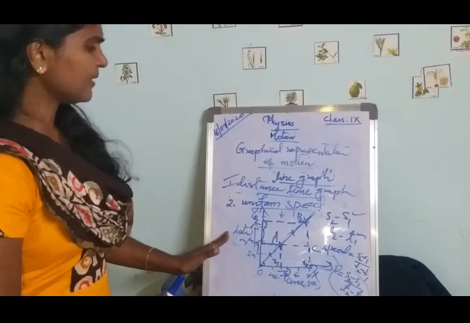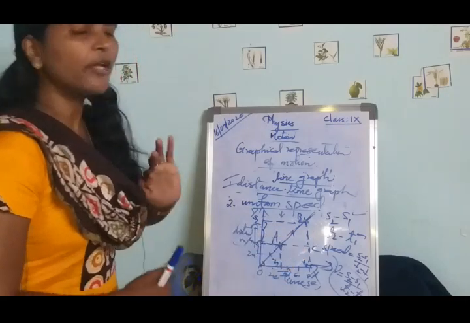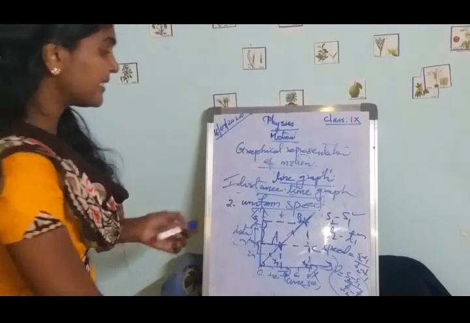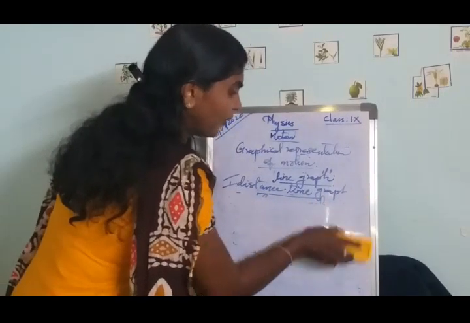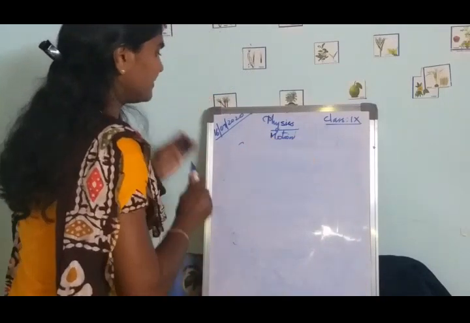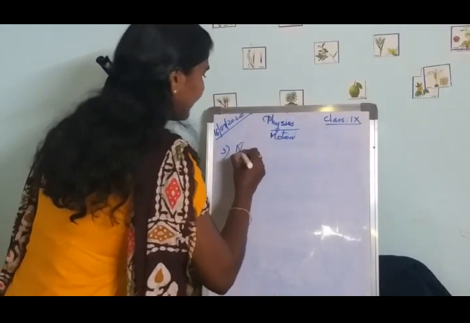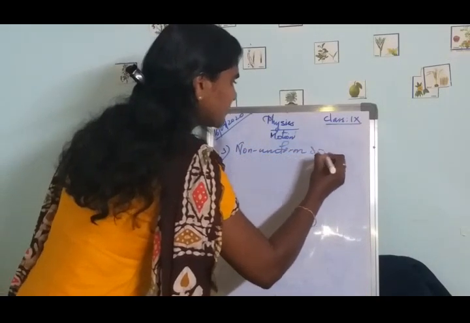That is the distance time graph of an object in uniform speed. The next is the distance time graph for an object in non-uniform speed. You know what is meant by non-uniform speed?